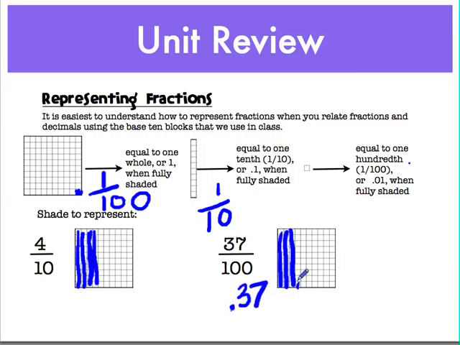So 1, 2, 3, 4, 5, 6, 7. So here is 37/100ths. Now, could I have counted out each one separately? Yes, but that takes a lot of time. So it helps a lot to know that you can use your decimal conversions to help you find a fraction or represent a fraction.